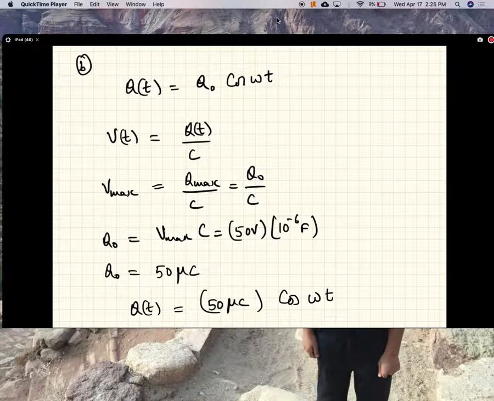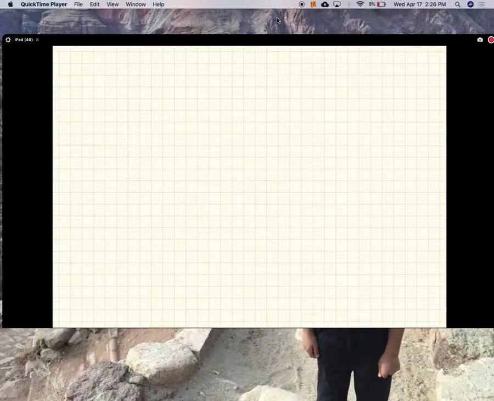So let's add a page. The current in the circuit is dQ(t) by dt.